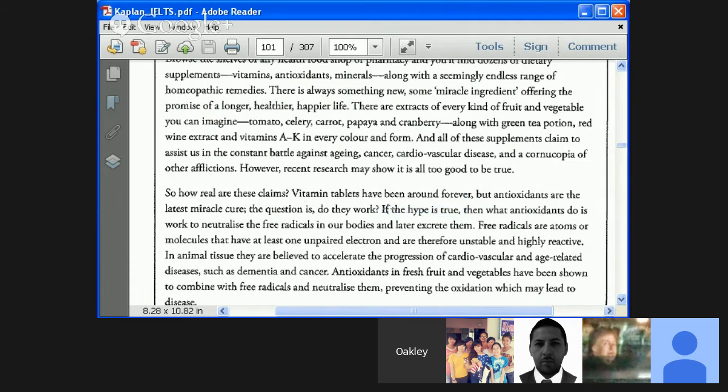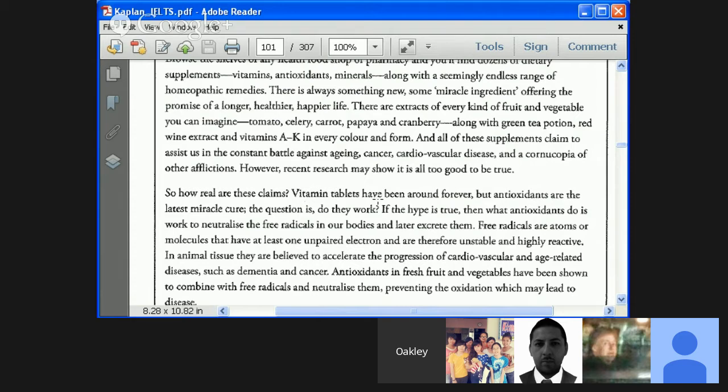Okay, so what do you think? Looking at the first sentence here, does this answer the question: do antioxidants eliminate free radicals in your body?